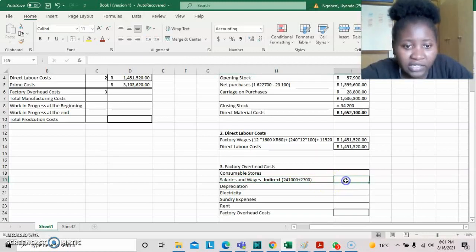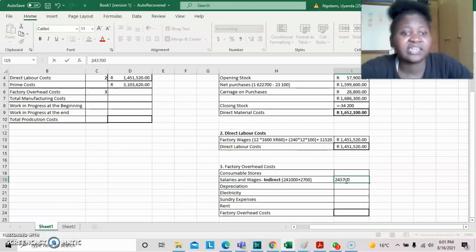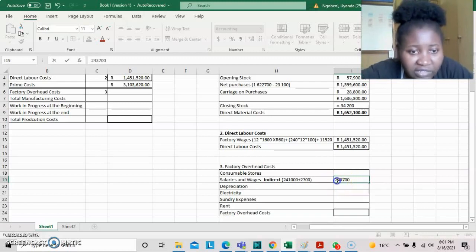If you add this together, you get 243,700.